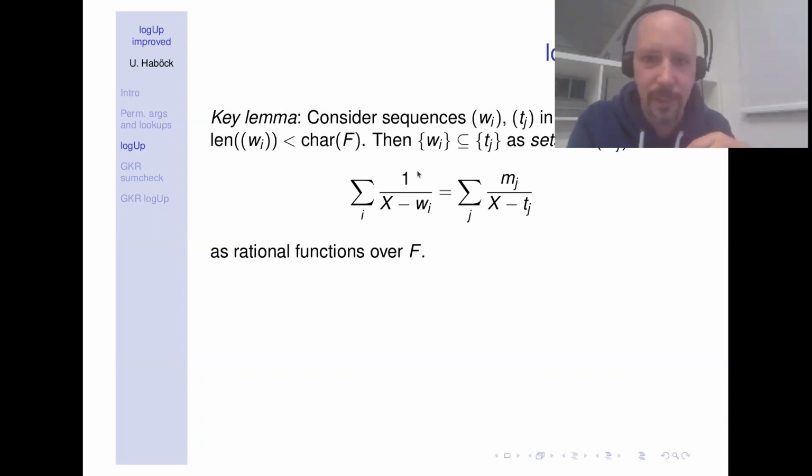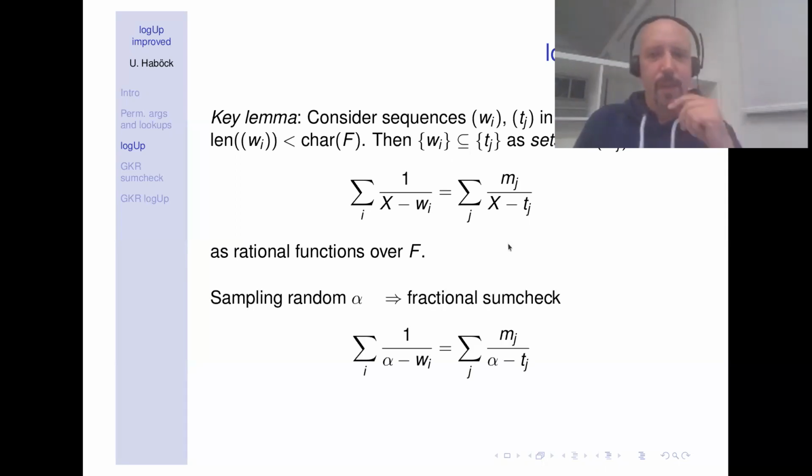But in general, you never hit the characteristic boundary, and you can say, okay, the sequence is contained in the other as sets if and only if I can provide multiplicities so that these two rational functions, or fractional decompositions, are the same. Then you just sample alpha for x randomly and end up with a fractional subcheck.